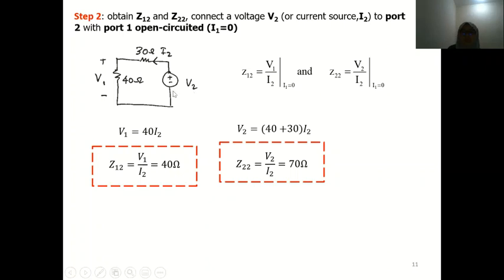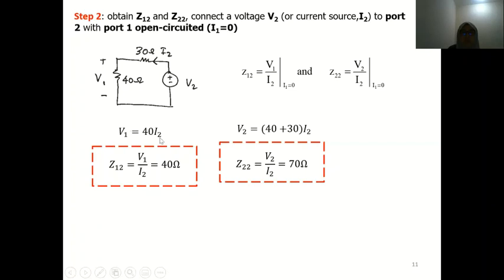If you refer back to the question, what you have is only the 40 and 30 ohm resistors, because the 20 ohm resistor is neglected since I1 equals 0.